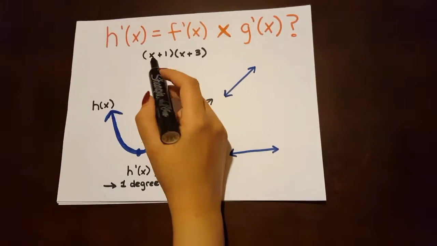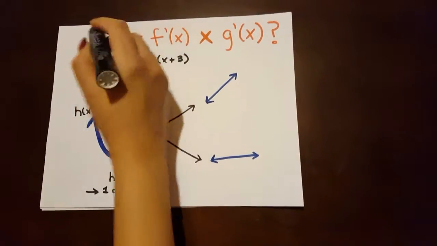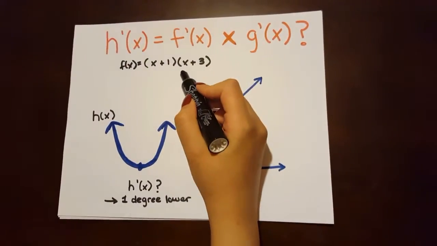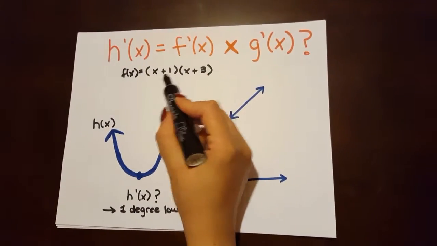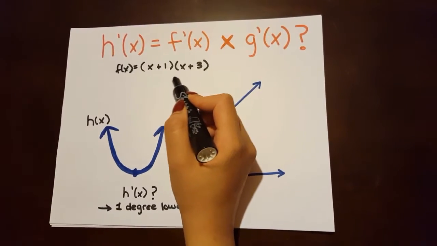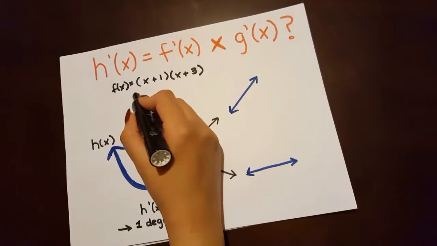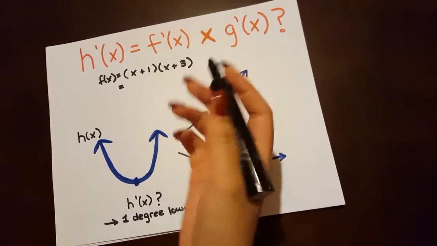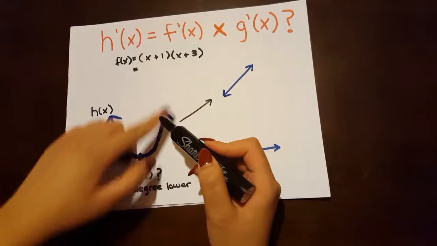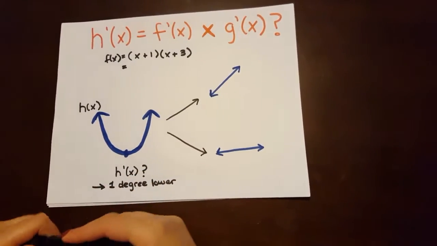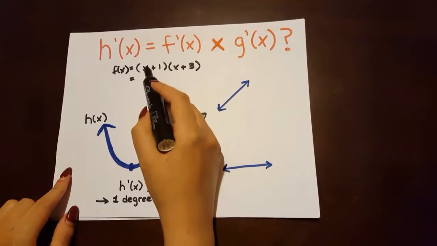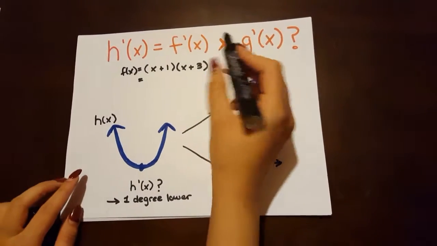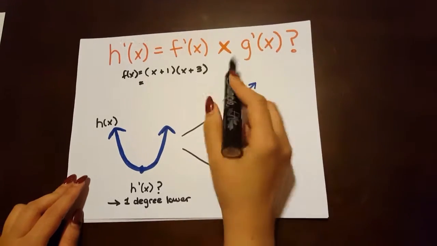Okay, so let's say that we have the function f of x equals (x plus 1) times (x plus 3). We know that if we were to expand this, we would get a function with something to the power of 2. So it's a degree of 2, which makes it a parabola. If we were to multiply the derivative of this times the derivative of this, it would just be 1, which is a horizontal line.